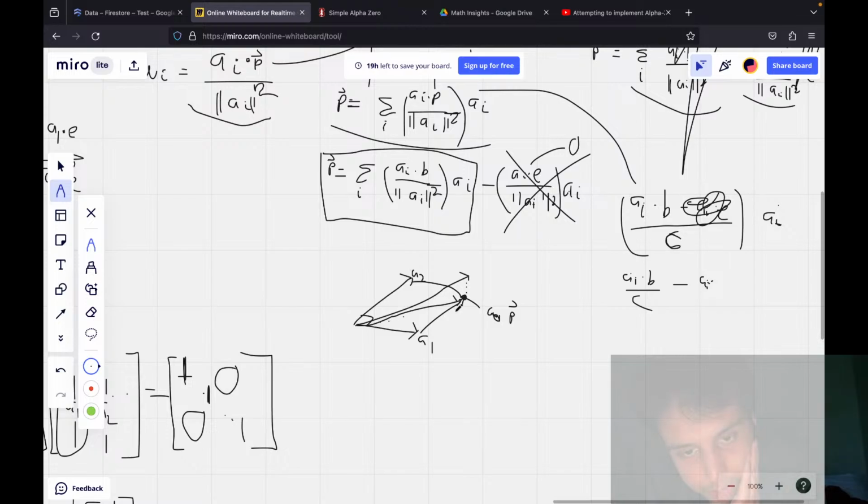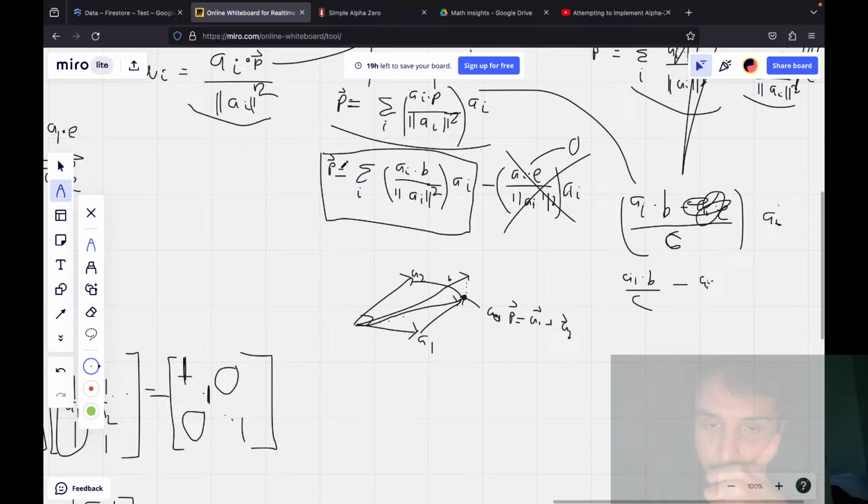P can be written as some multiple of A1 plus some multiple of A2. In this case, it's one of each: go A1 this way, and then step A2 that way, or commutatively step A2 and then A1. It's just P equals A1 plus A2. This P is the projection of B onto the subspace given by the span of the AI.